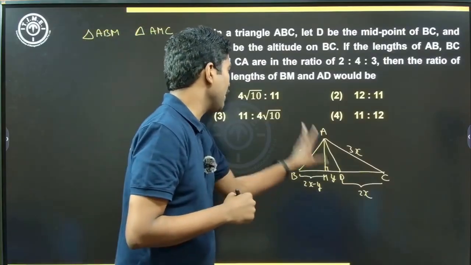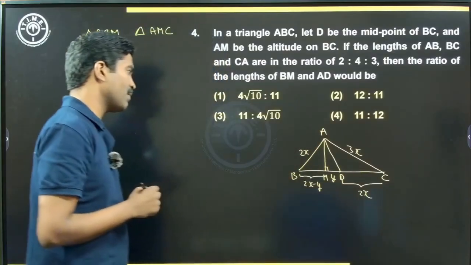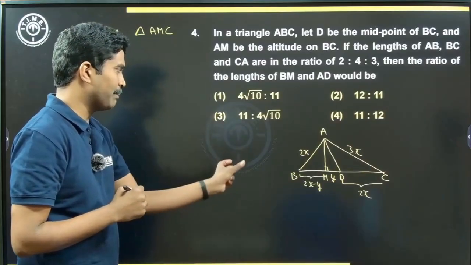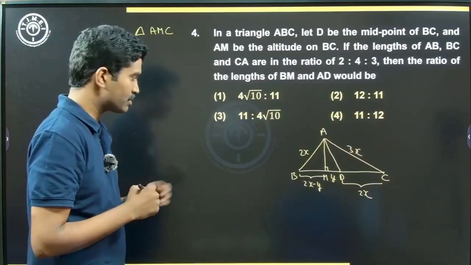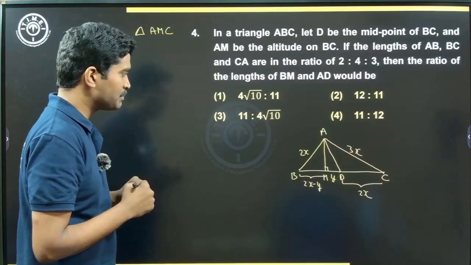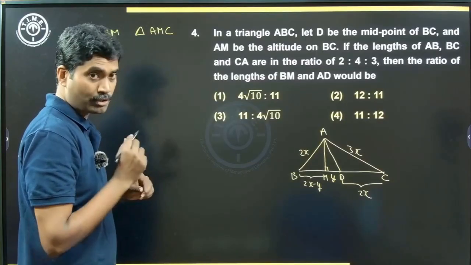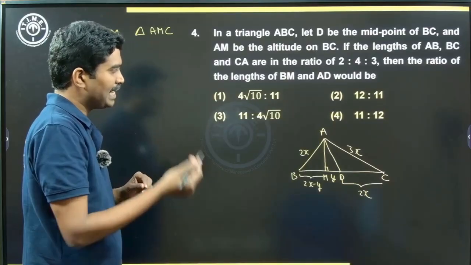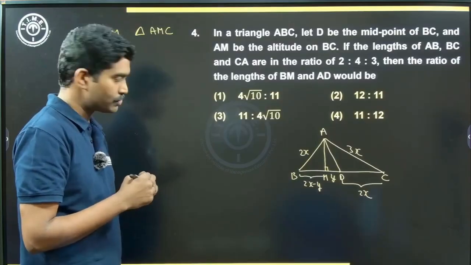Look at triangle ABM. In triangle ABM, what is AM? AM is the altitude of the triangle and BM is the base, AB is the hypotenuse. Similarly, in triangle AMC, AM is the altitude, it's a common altitude. MC, that's the base, and AC, that's the hypotenuse, correct?